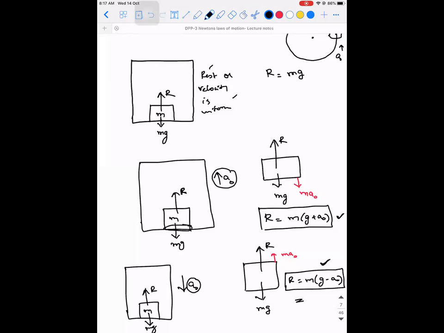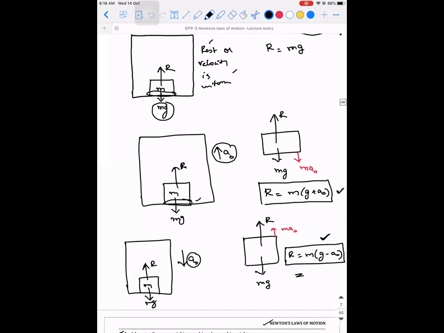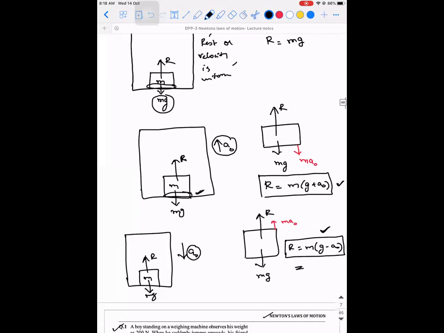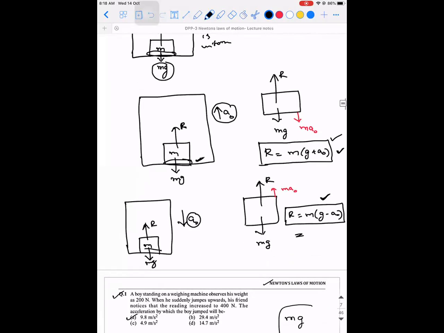So if I keep a weighing machine here, and on the weighing machine I keep a block, then that weighing machine's reading will exactly be mg, and that will be the exact reaction force offered. Whereas if I move the block in the upward direction with acceleration a naught, the weighing machine will show a greater reading. If I move it in the downward direction, the weighing machine will show a lesser reading. All this is happening because of the concept of pseudo force.